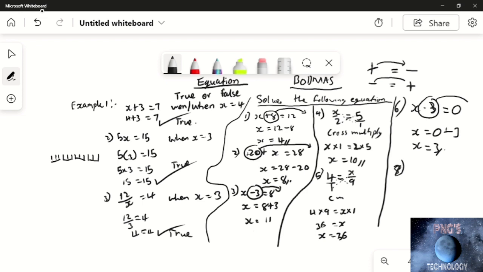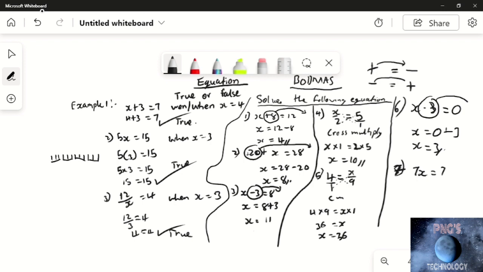Example 7, we have 7x equals 7. So in this case, we just have to divide both sides by the coefficient of x. 7x, how can we remove this 7?